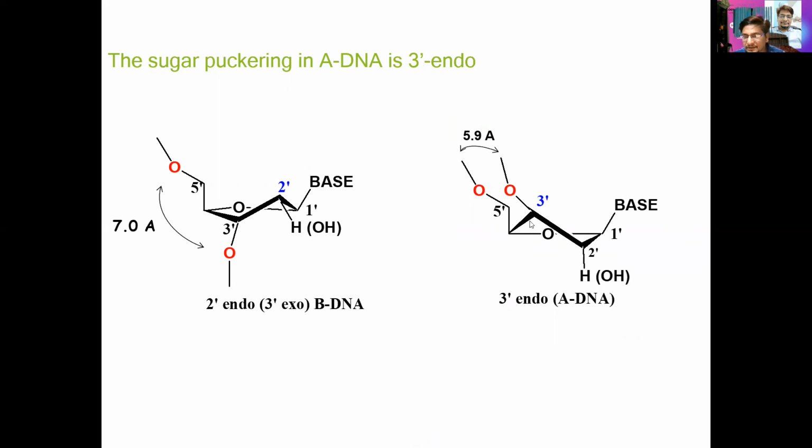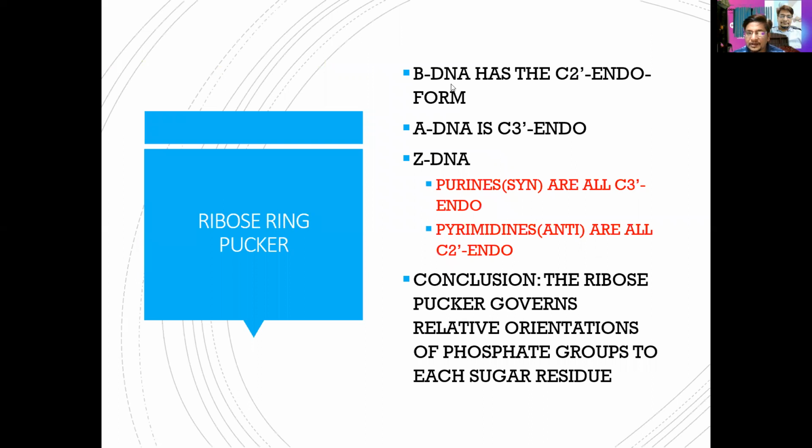And you can see over here, if carbon number 3 is going to be up, with the 5' end, it is going to be 3' endo. So the 2' endo condition you're going to see in B-DNA, and the 3' endo condition you're going to see in A-DNA. And sugar puckering is the main reason behind the helical structure of the DNA. So B-DNA has the C2 endo form, and A-DNA is the C3 endo.